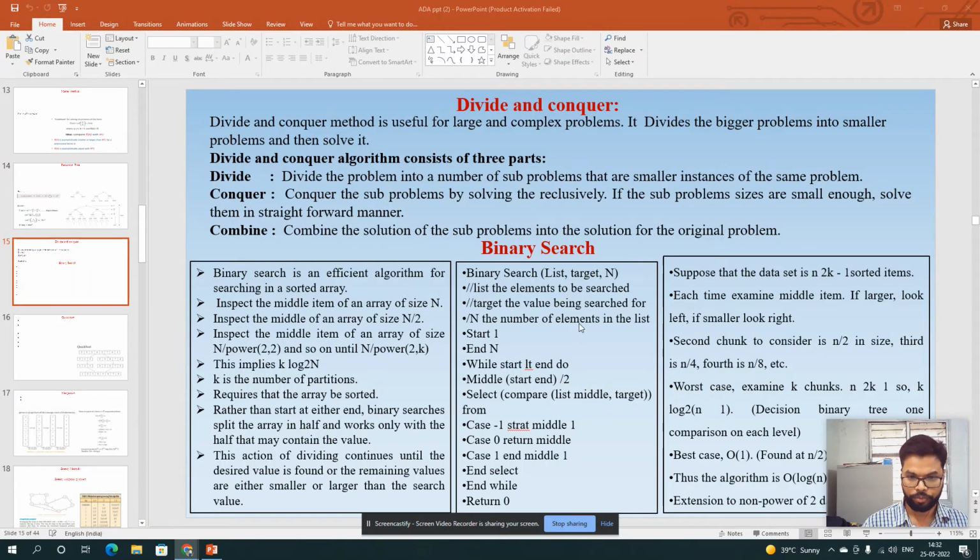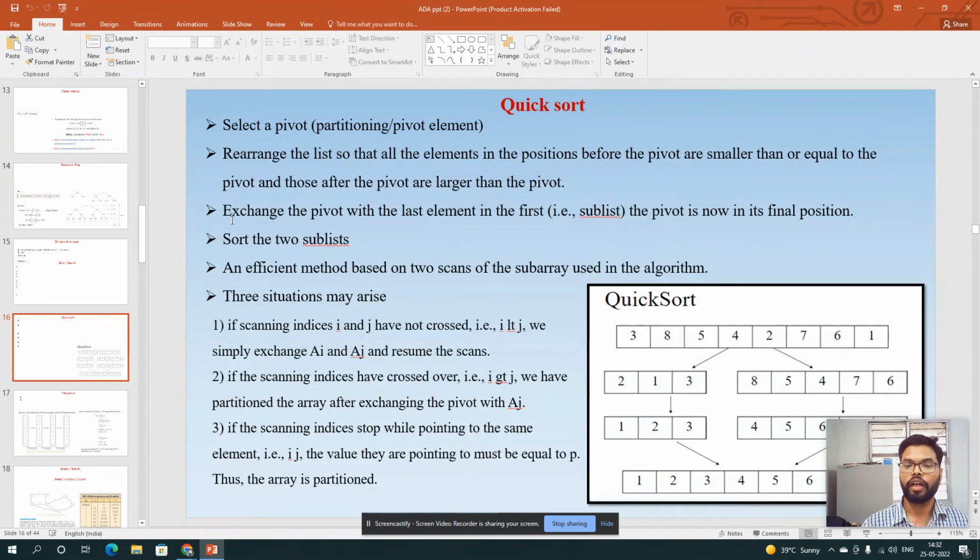This is the algorithm and how to analyze it. We can see here that the binary search algorithm takes O(log n). This is another problem which can be solved using divide and conquer, that is quick sort.